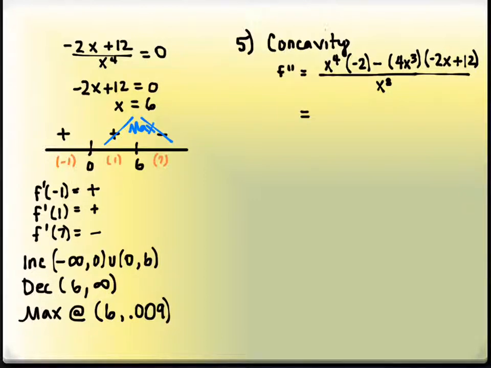All right, we simplify and clean up just like we did in step 4 of this problem. So this is negative 2x to the 4th. Then I have plus 8x to the 4th. And then minus what? 48x to the 3rd, all over x to the 8th.